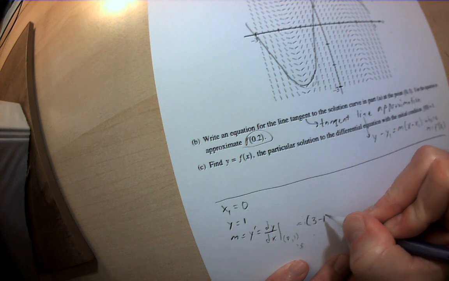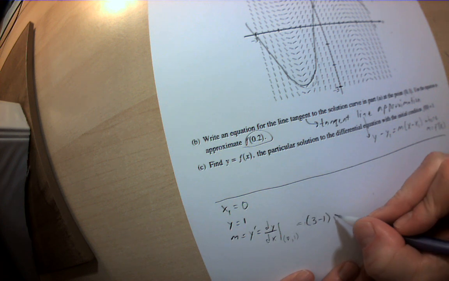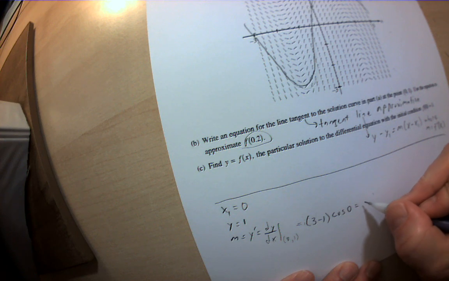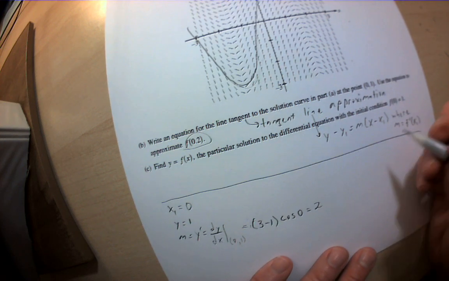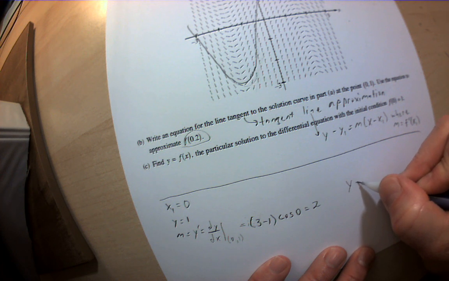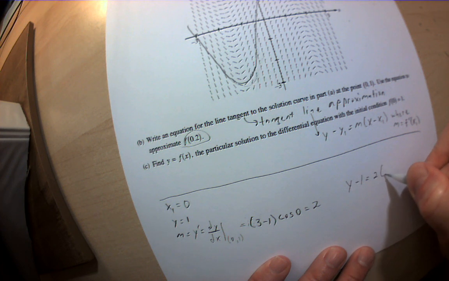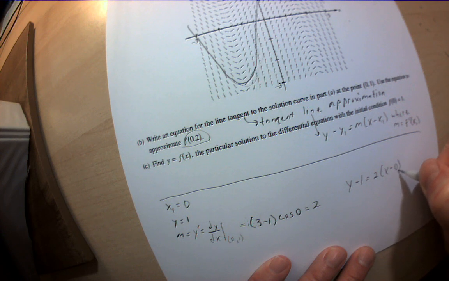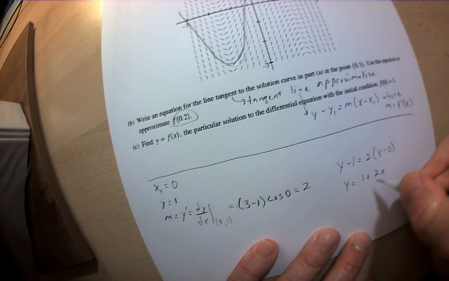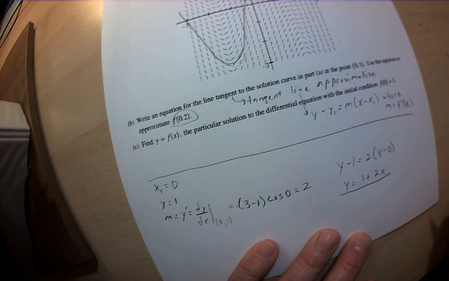So it's 3 minus 1 times the cosine of 0, and that equals 2. So guys, this equation is y minus 1 equals 2 times x minus 0. If you get y by itself, it's 1 plus 2x. Okay, that's the equation of the tangent line.